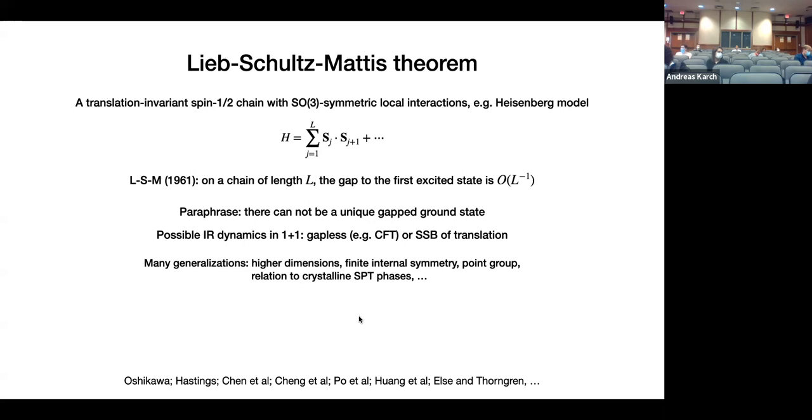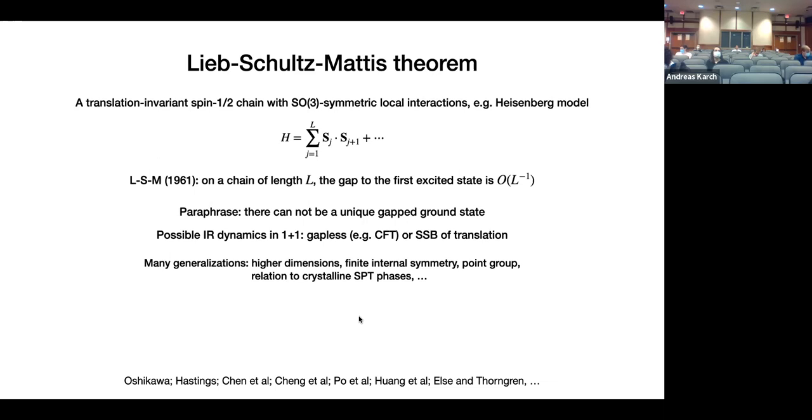You can either have a gapless system, like a CFT, or we can spontaneously break translation. In 1D, we cannot spontaneously break SO3. So this theorem is a non-perturbative exact statement about possibly strongly interacting lattice models.